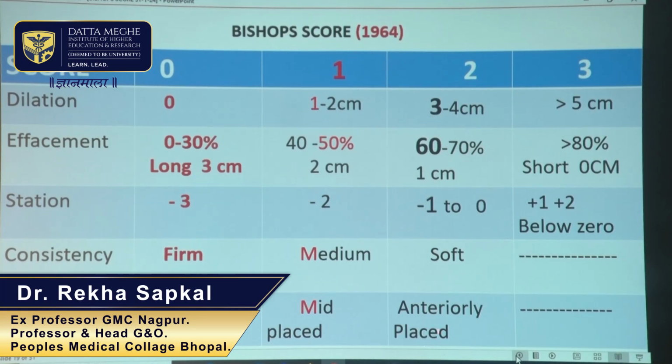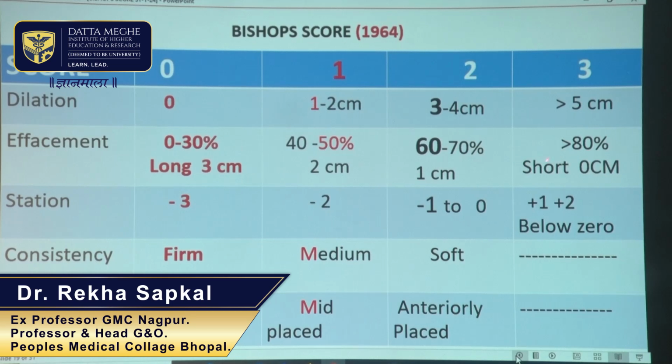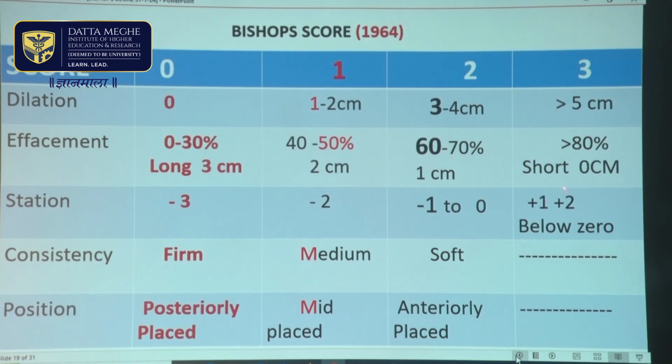So, this scoring is the best. If the scoring comes in this column with the score 2, then it is a ripe cervix, and this is better than that, with scores of 3. Already half of the cervix is dilated, more than 80% effacement is there, and the head has descended below the 0 station.